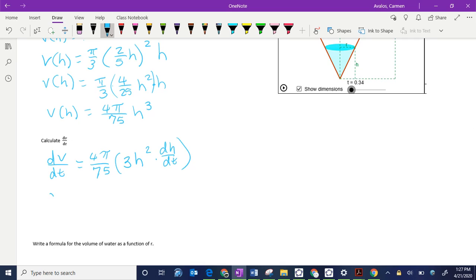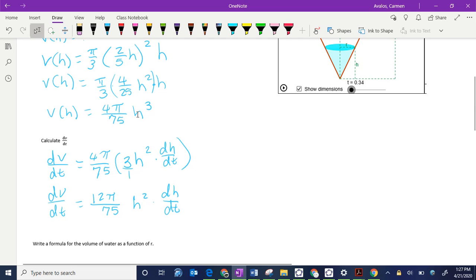So the derivative here is going to be dv dt. This is over 1, so that means that I am going to multiply this, and I'm going to get 12 pi over 75, and then it's going to be h squared dh dt. So that's the derivative with the function of just h.